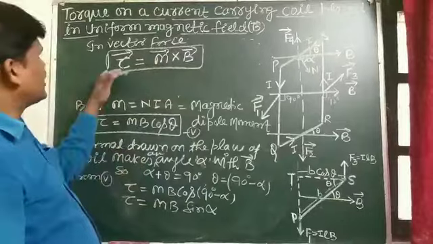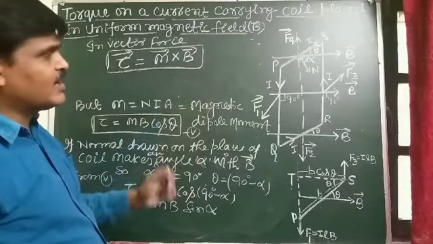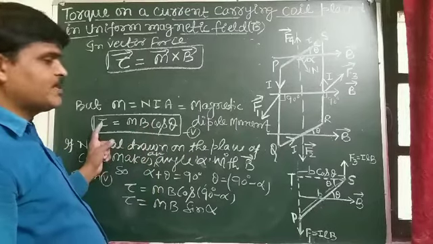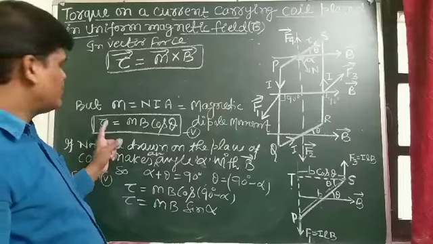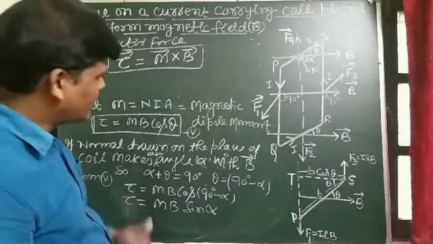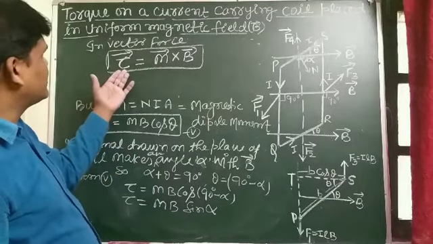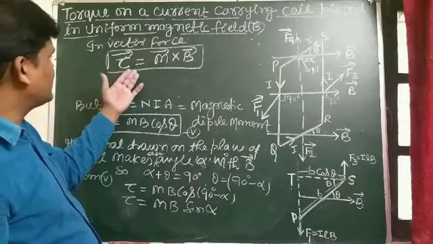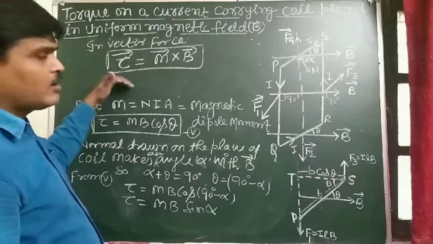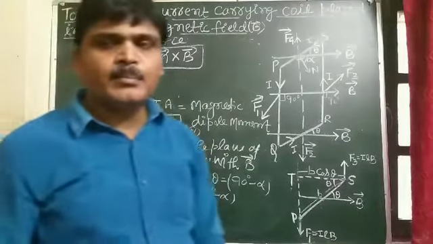So we use tau is equal to MB sin alpha, and if the plane of the coil makes an angle theta with the direction of the magnetic field, then the torque can be written as tau equal to MB cos theta. So in vector form, the torque acting on a current carrying coil placed in a uniform magnetic field comes out to be vector tau is equal to vector m cross vector B.